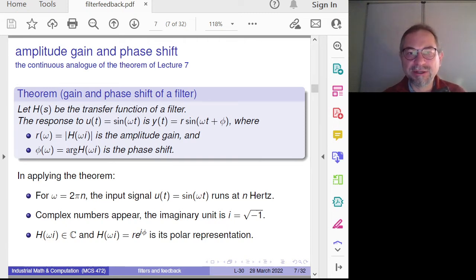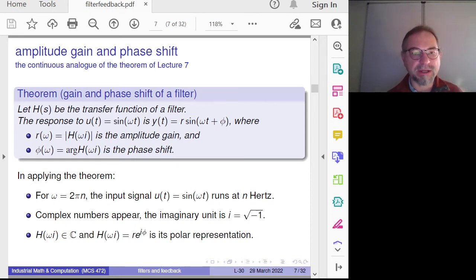Then for a linear time invariant and causal filter, we have that the transfer function determines the amplitude gain. So the transfer function then evaluated at the omega multiplied by the imaginary unit, and there is also a phase shift that uses then the angle.